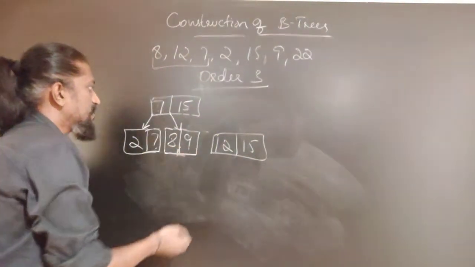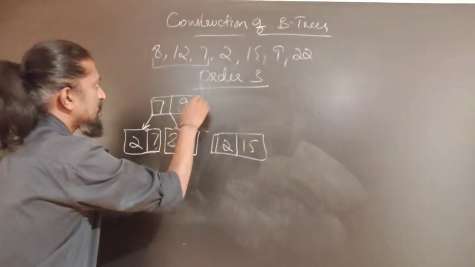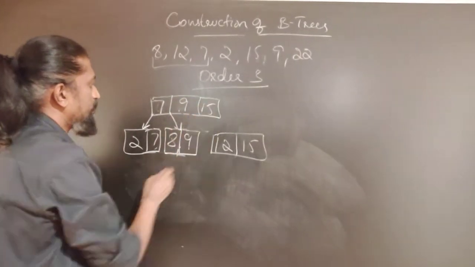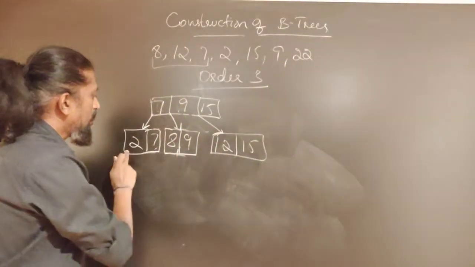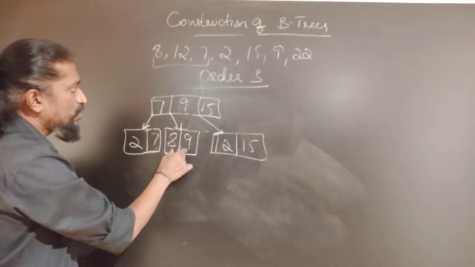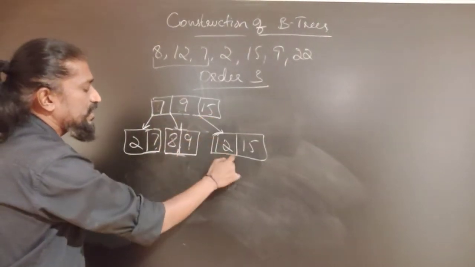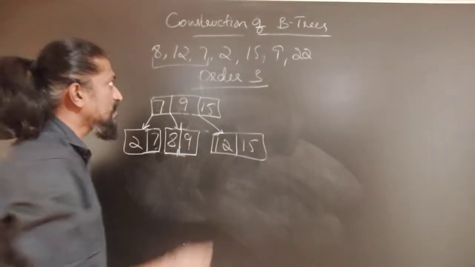The largest key present in this node, 9, needs to be promoted to the parent, and that will be inserted in between 7 and 15. Okay, so now this will be the descendant. So now these keys are less than or equal to 7, the keys over here are greater than 7 and less than or equal to 9, the keys here are greater than 9 and less than or equal to 15. So therefore the B tree property still holds.